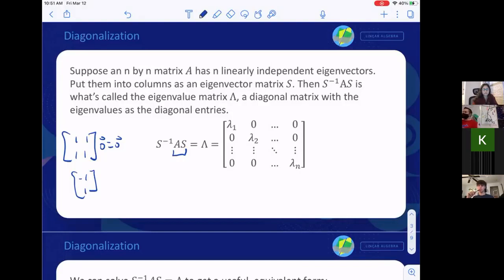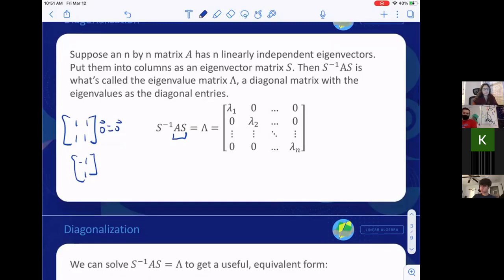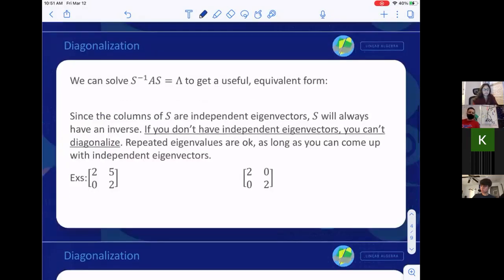We typically don't use this form. This is how you come up with the why it works this way. But usually we're not interested in what lambda equals. We're interested in what A equals. So we take that S inverse AS equals lambda. We'll multiply from the left by S, and we'll get rid of this.